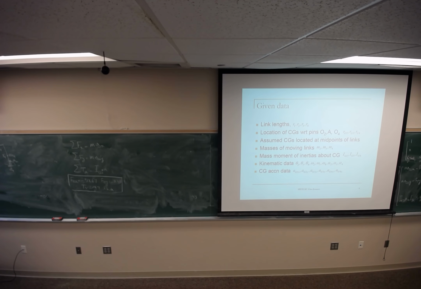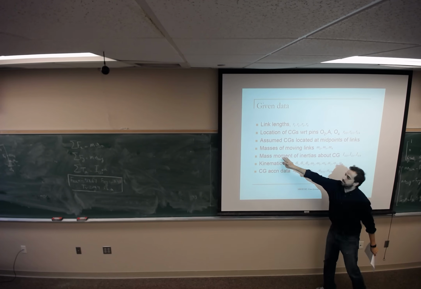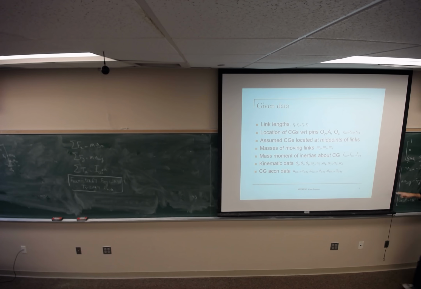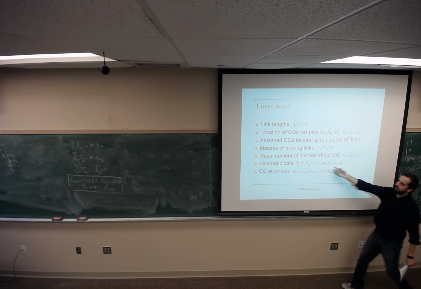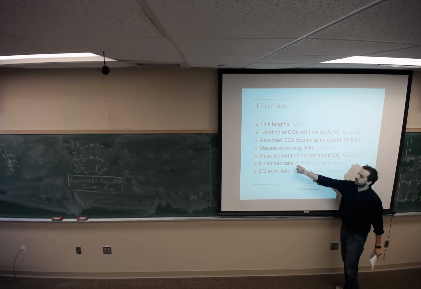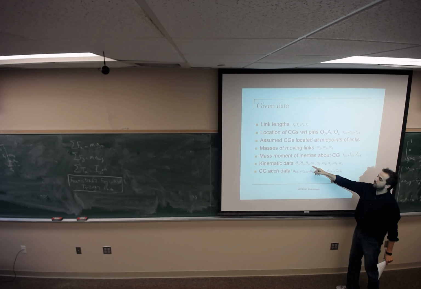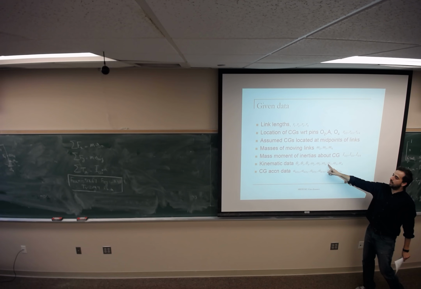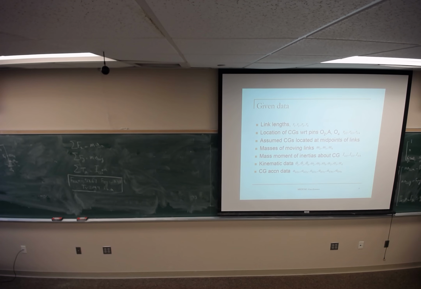The masses of the moving links are given. Also, the mass moment of inertia about the center of gravity of each link is given. You have done the motion analysis, so theta 2, 3, 4, theta dot 2, 3, 4, and theta double dot 2, 3, and 4 have been calculated.